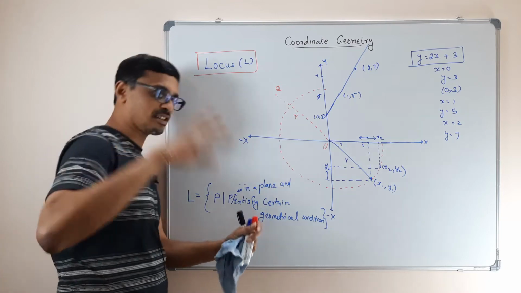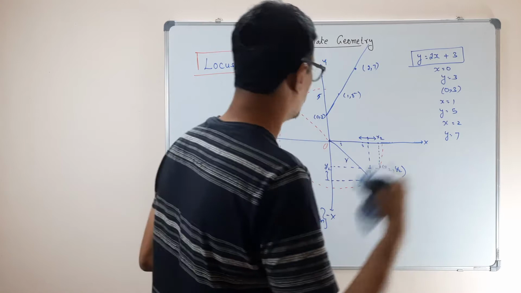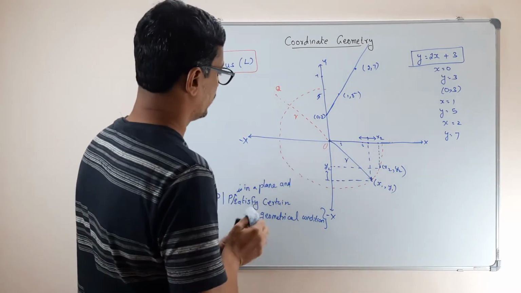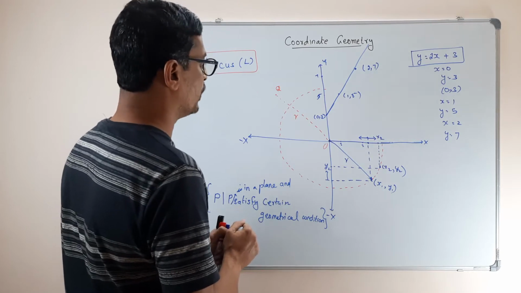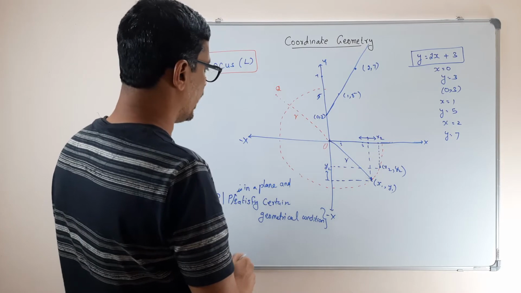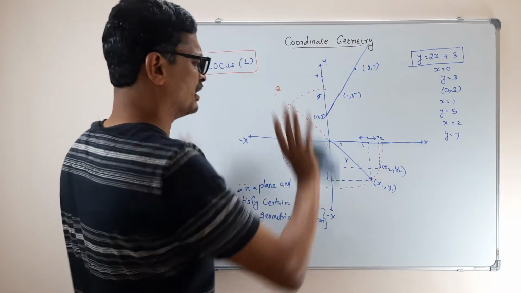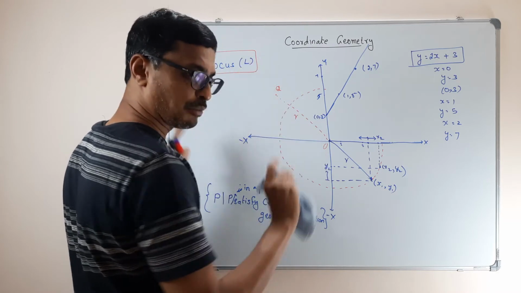Every object can be treated as a point, that you learn in physics. Fine. So this is the locus. Now you got an idea about what we mean by locus? This is how you define a locus, and in short, every curve is formed by an infinite number of points, and those infinite points are a locus.